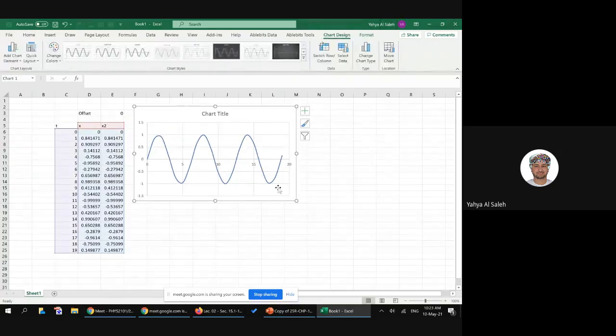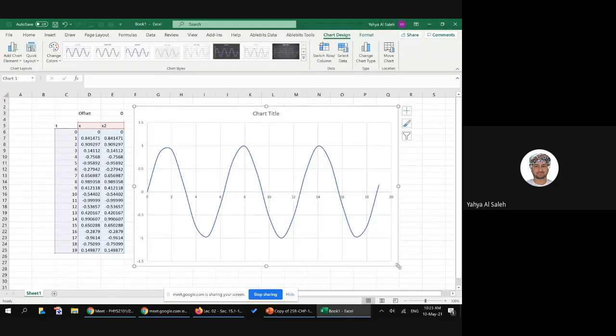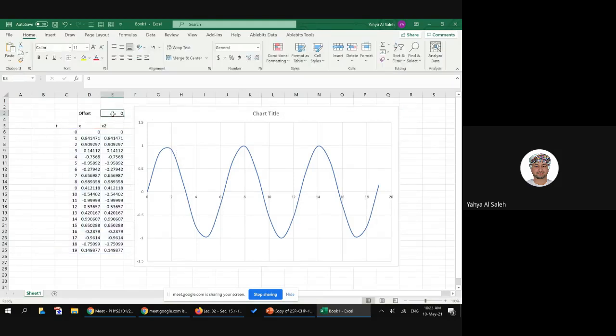Can you all see my screen? This is a normal sine function, right? Yeah? Yes. Okay.